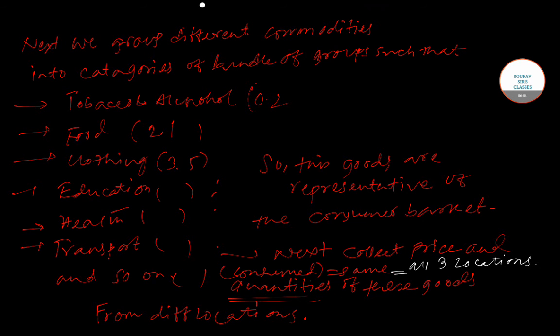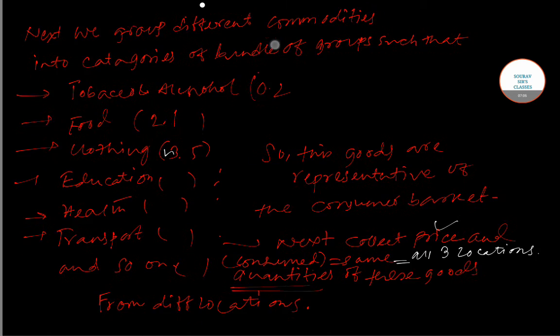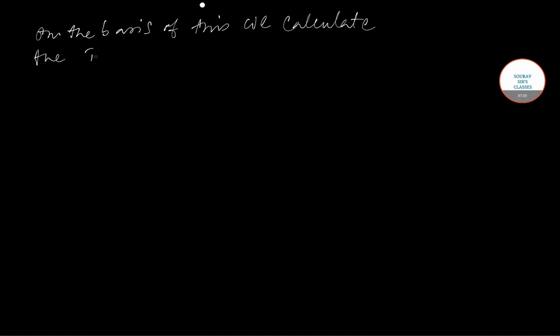Then we collect prices for the same quantities from all three locations, and on the basis of this we calculate the index for the three different locations.